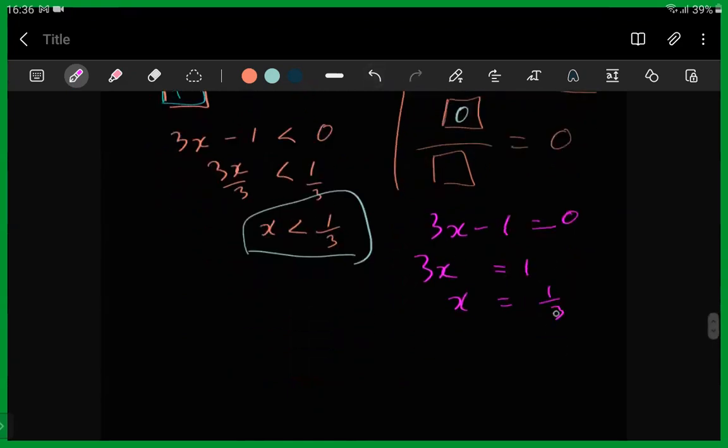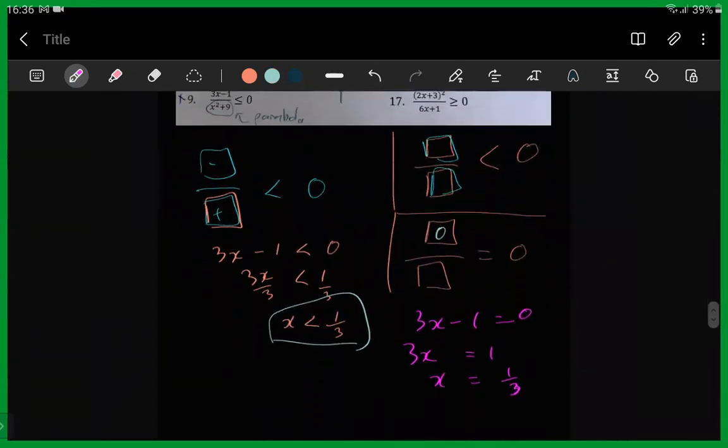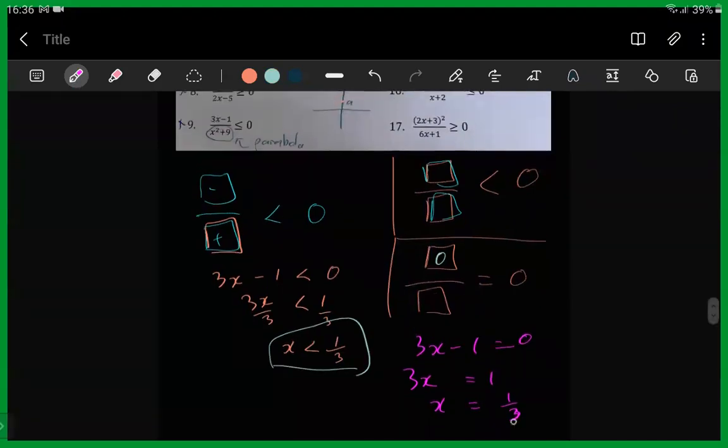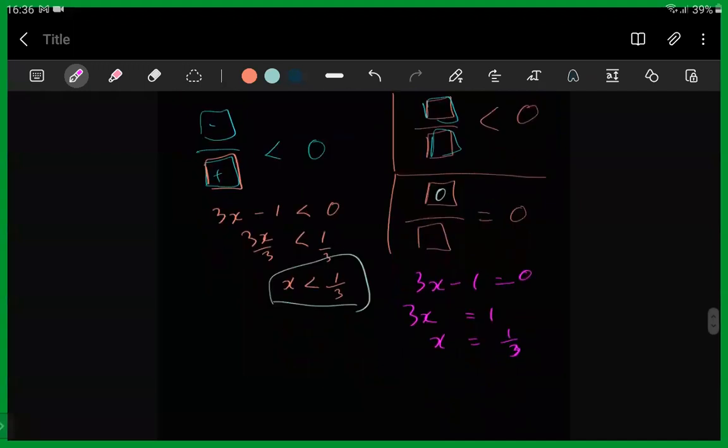If you look at our answer to see where these can both coexist: if x is equal to a third, we still get what we want. If x is smaller than a third, we still get what we want. So in this case, we can say, therefore, x is smaller than or equal to a third. Do you understand? Fantastic.